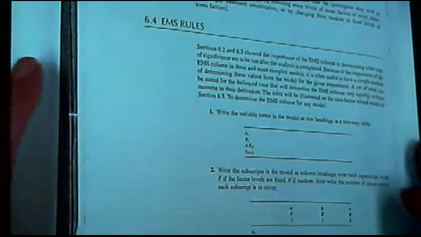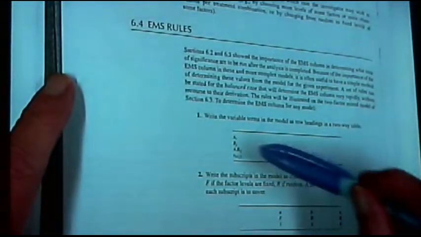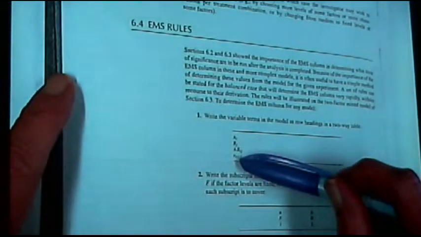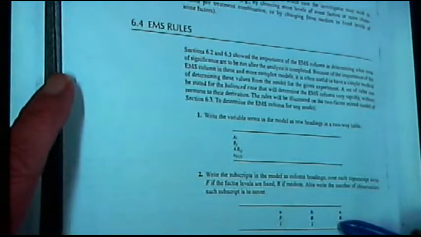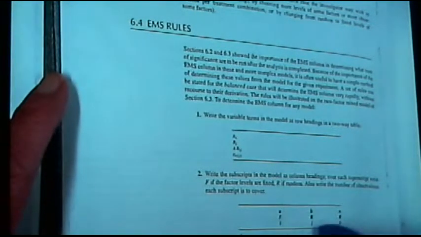It says the first thing to do is to write down the terms in the model in the column on the left, and then fill in this information along the top about sizes of things.